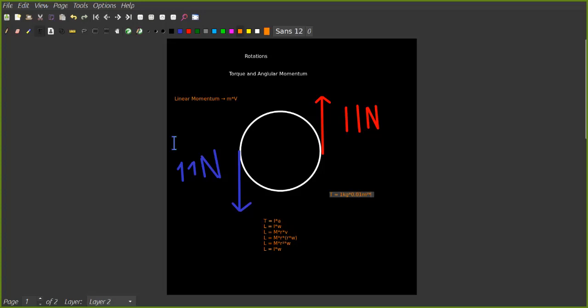And the angular acceleration would be, let's say, 360 radians per second squared. So then we would have 360 times 1/100, which is 3.6. So torque would be 3.6 what? Kilogram meter squared divided by second squared. And we don't need to put the radians.